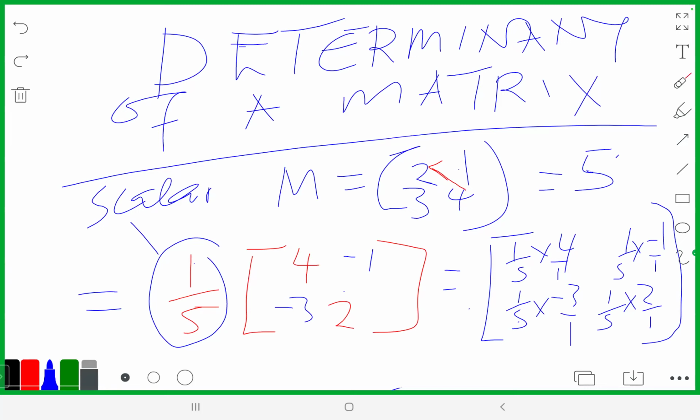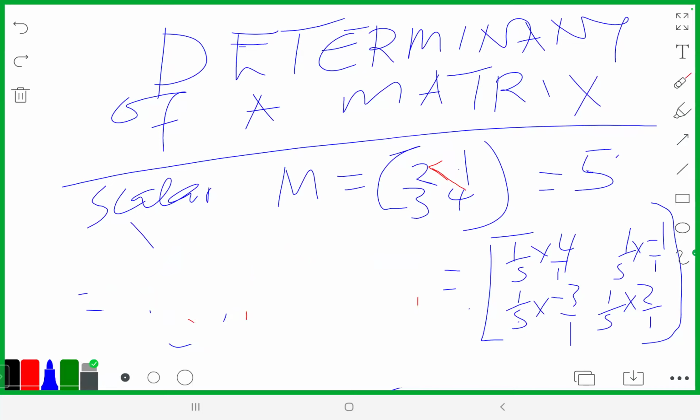Yes, we are together. Okay, so from here let's start multiplying. When you do your multiplications properly, 1 times 4 gives you 4.